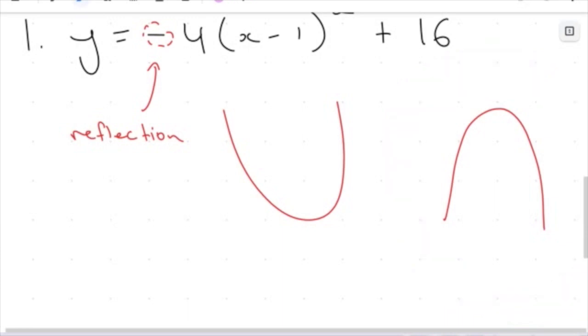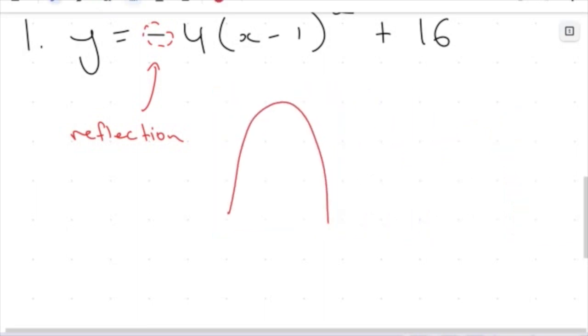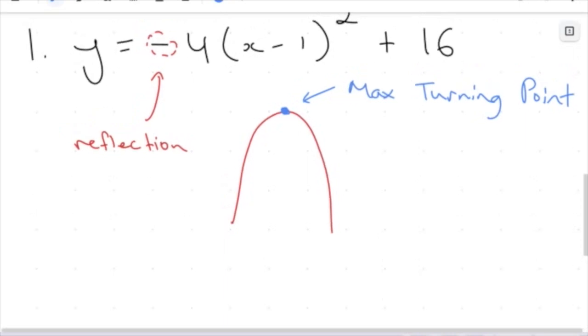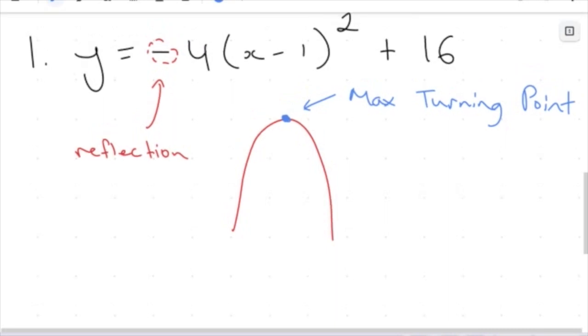So, since it's concave down, it's going to have some kind of maximum turning point. Okay, and we have one piece of information from here, so that's our reflection. This tells us it has a maximum turning point somewhere.